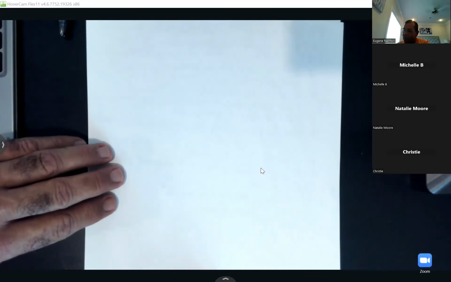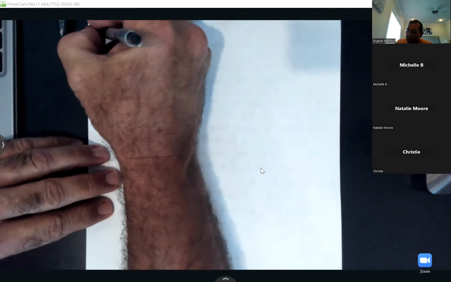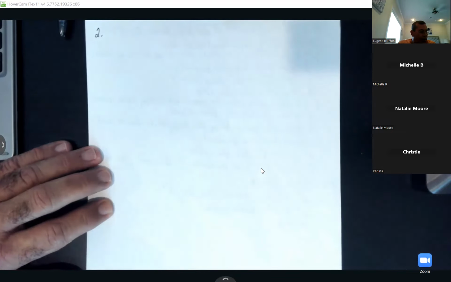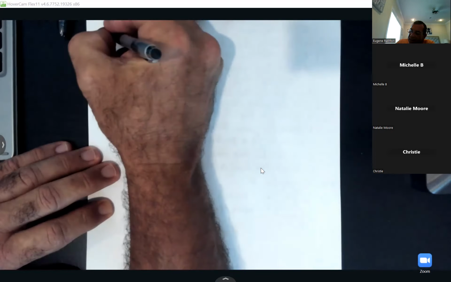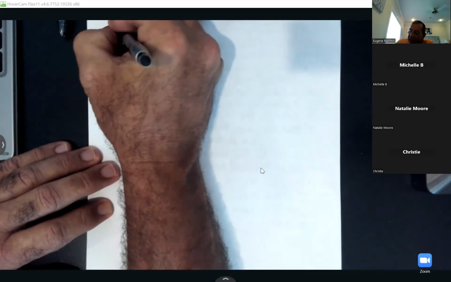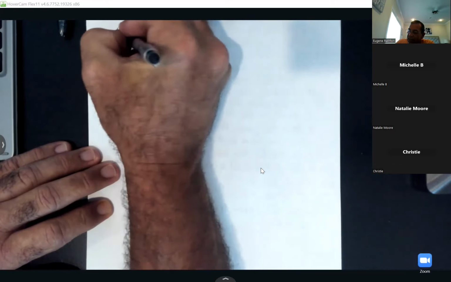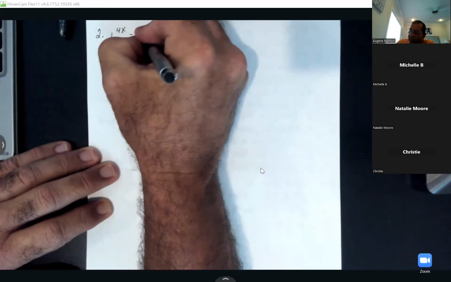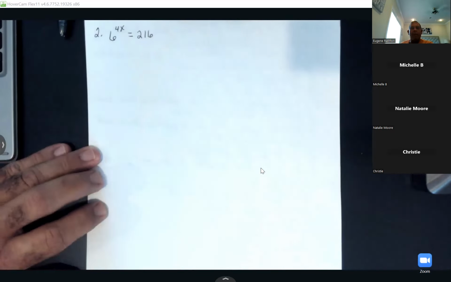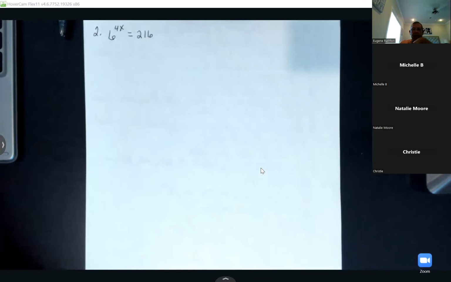So we'll try another one here. So number 2. Number 2 wants me to solve for X. I got 6 to the 4X equals 216. So y'all, let me show you what I would do to check this.